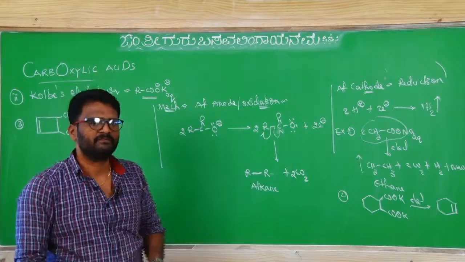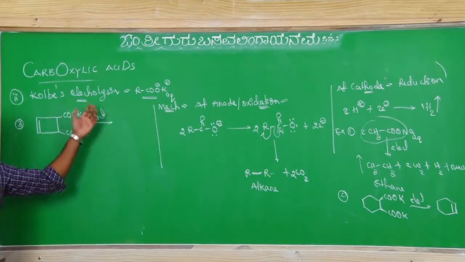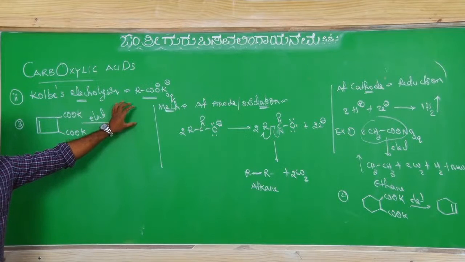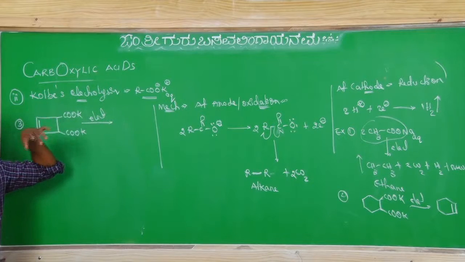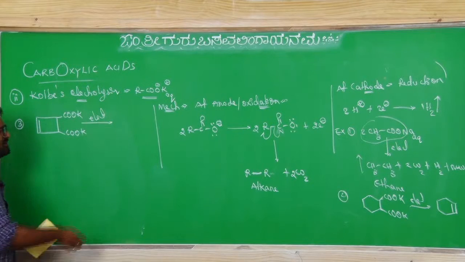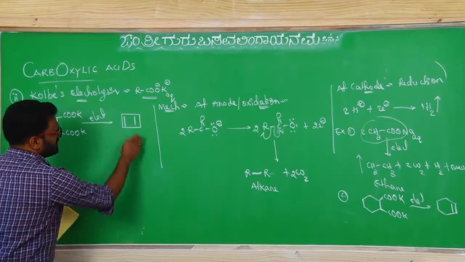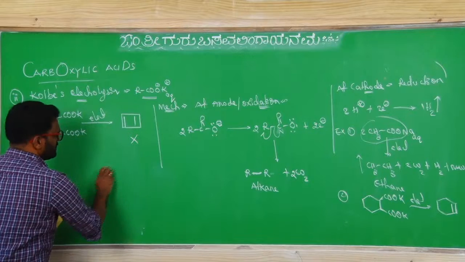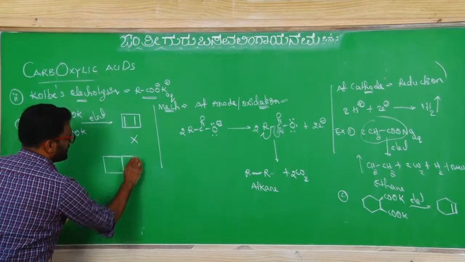What is the product? Butadiene or any other product? If you write butadiene, it will be wrong. So here you will get a dimer.